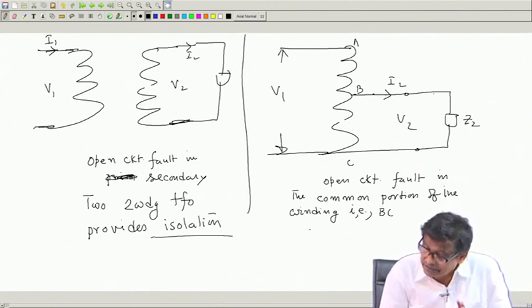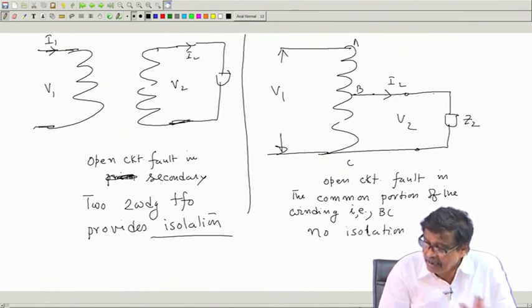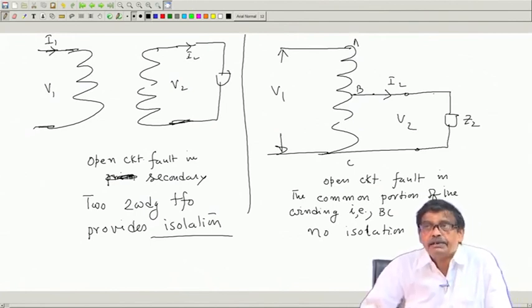Here, no isolation, in case an open circuit fault takes place in the common portion of the primary and secondary.